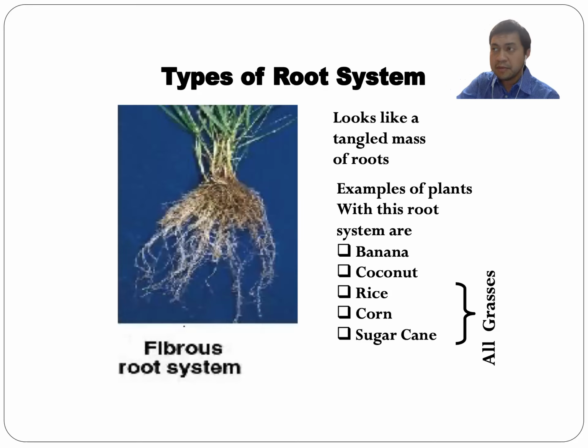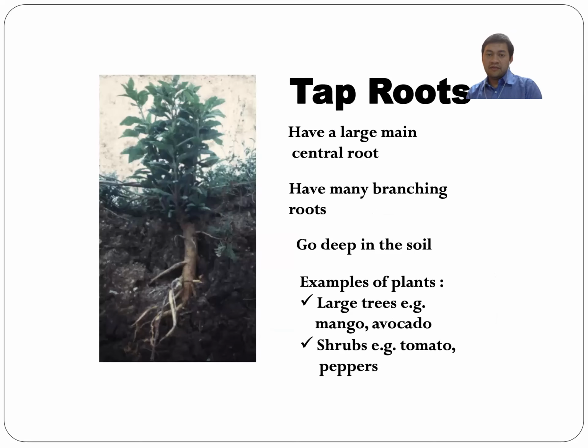Based on the classification, some of the plants here are classified as grasses. And then for the taproots, it has a large main central root, and they also have many branching roots, and usually it can go deep in the soil.